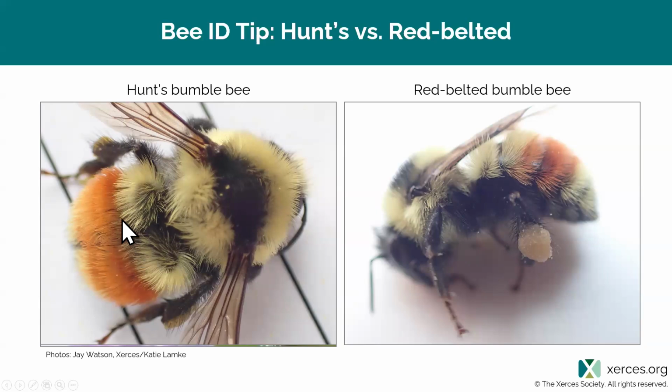Sometimes you'll see a few hairs in the very middle of that segment that are yellow, more of a crescent of hairs on T2. Hunt's bumblebee females also have those copious yellow hairs on the front of their face, whereas red-belted bumblebee females will tend to have more dark hairs.